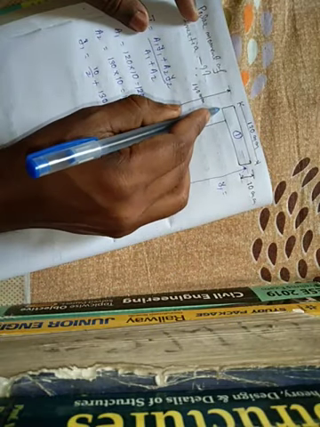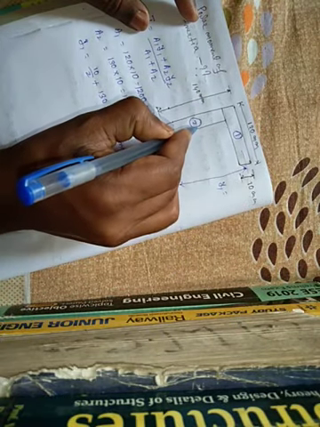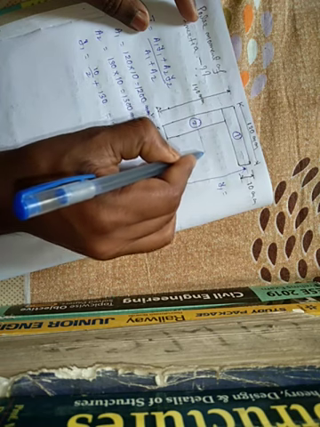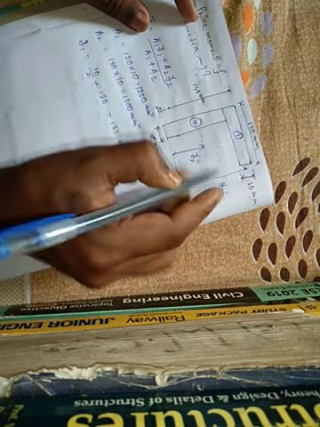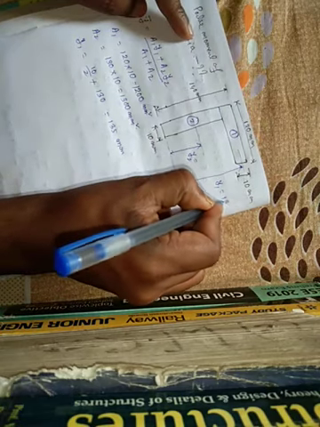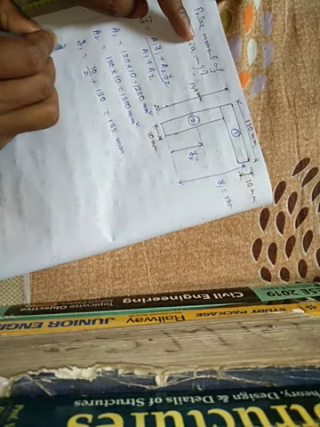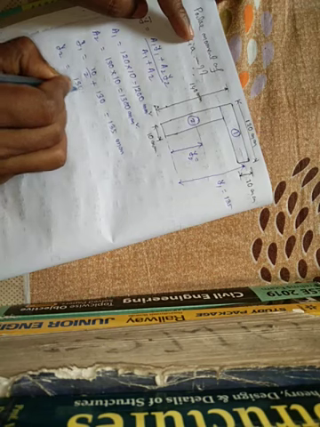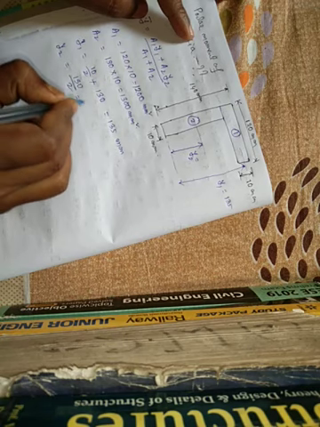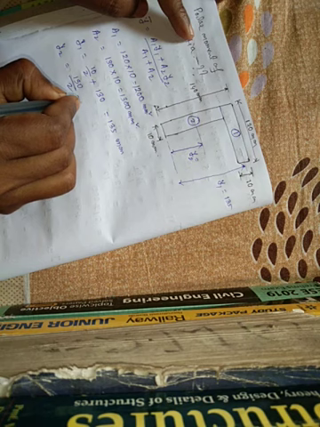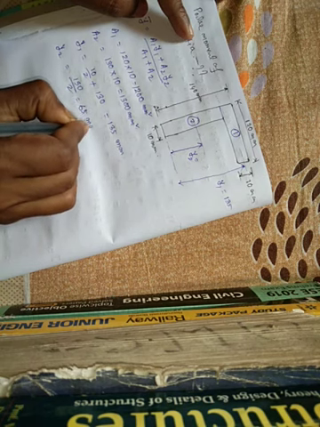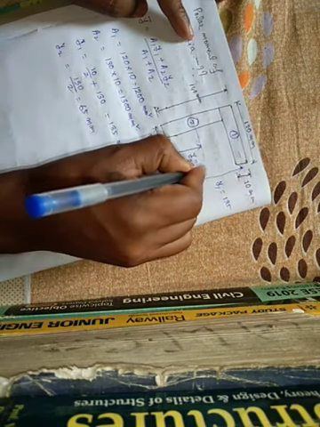And CG of section 2, y2 is equals to 130 divided by 2, which is equals to 65 millimeter.